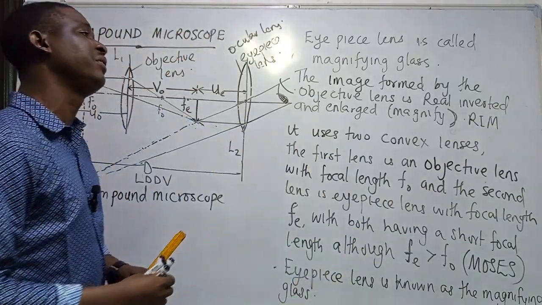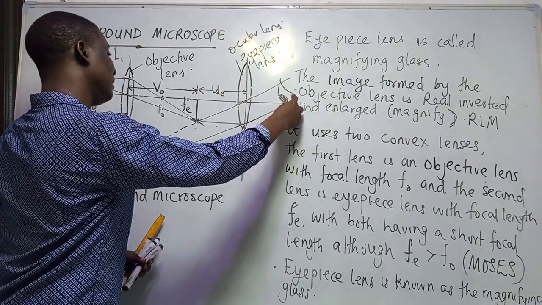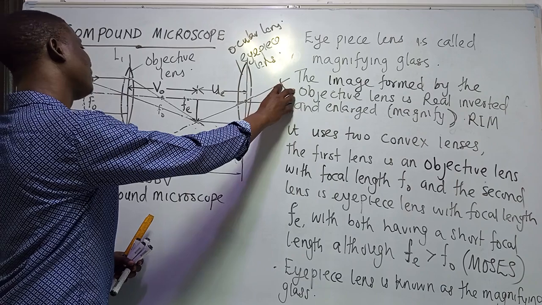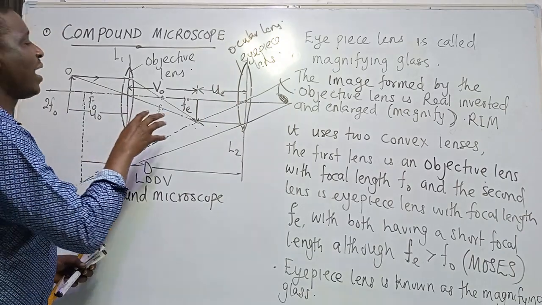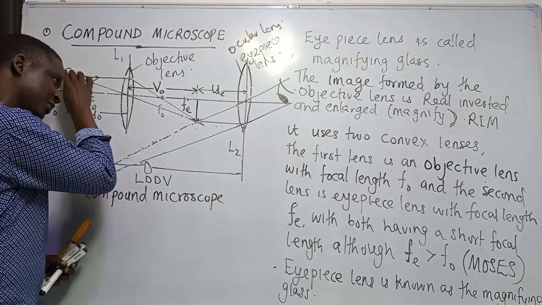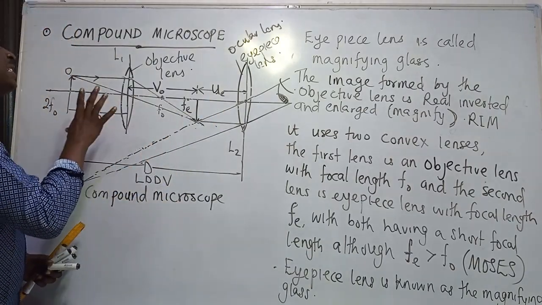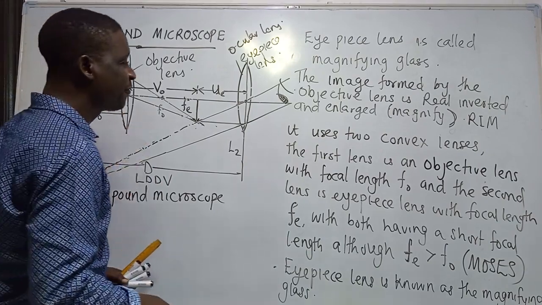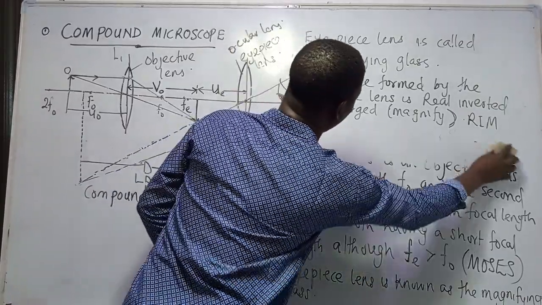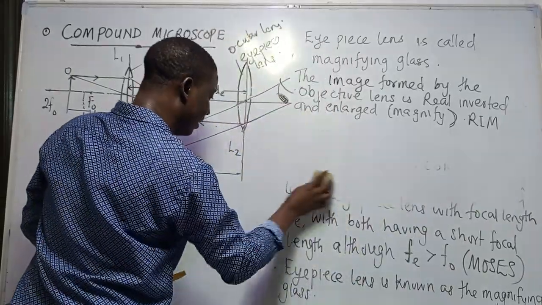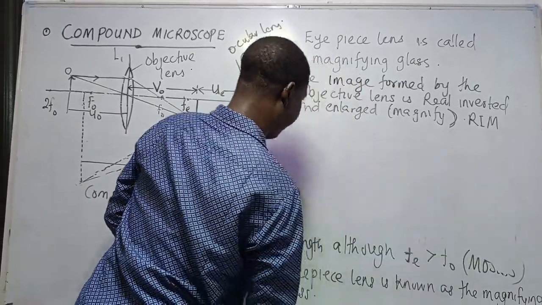Now, what about the final image? Don't forget that the eyepiece is to see the image, while the objective lens is to see the object, though the two of them are working together. The final image produced by these two lenses is erect, virtual, and magnified.